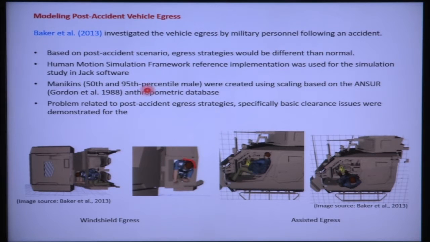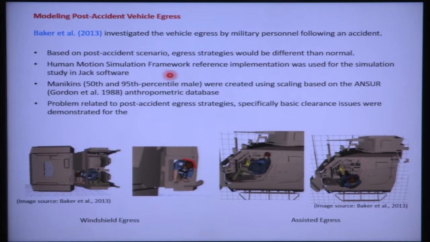But in this particular paper, Baker et al. demonstrated that the ingress egress strategy is different when the vehicle, particularly a military vehicle, is facing an accident. They cannot come out through the normal entry exit process. Based on the post accident scenario, ingress egress would be different from the normal.